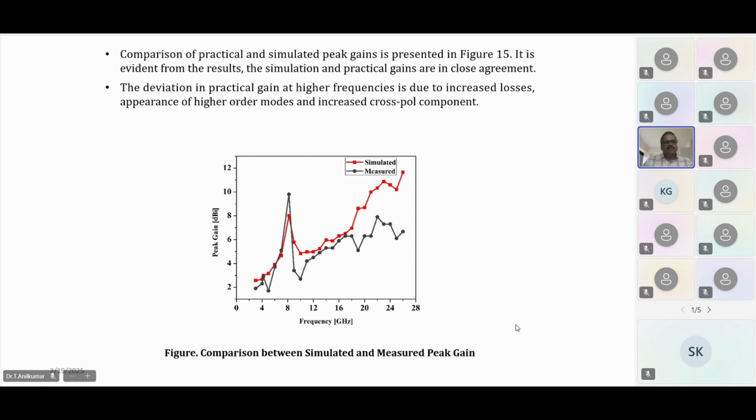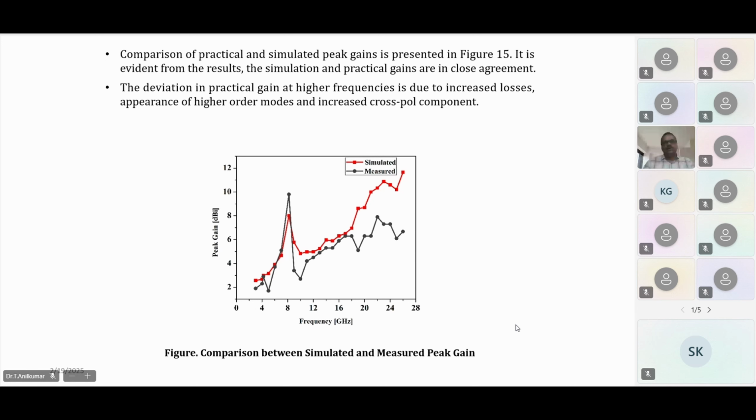The gain is more at the center frequency, around 8 gigahertz, because the antenna dimension is around 20 by 20, here it is 24 by 20 I think. It's a very small antenna, so it is operating at higher frequency. The center frequency is 8, but the gain is also good across the bandwidth from 3.4 to 25 gigahertz.